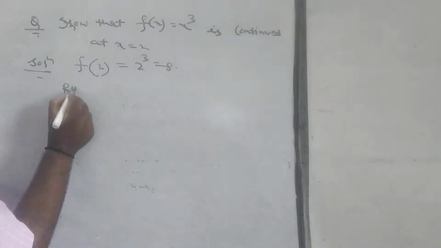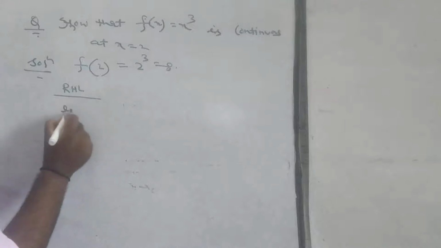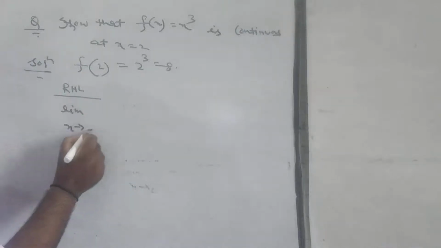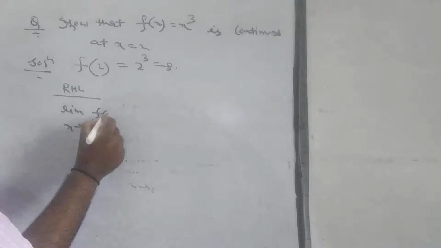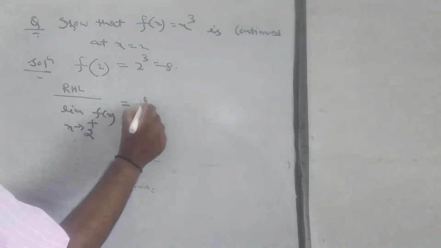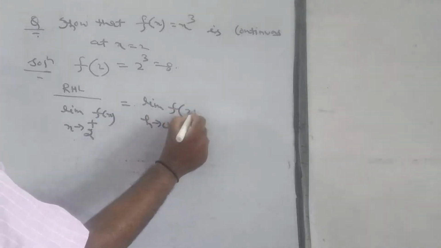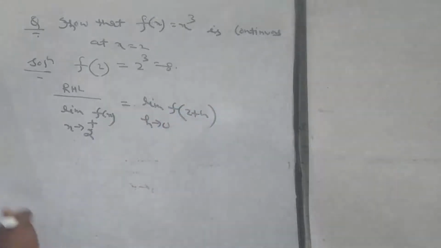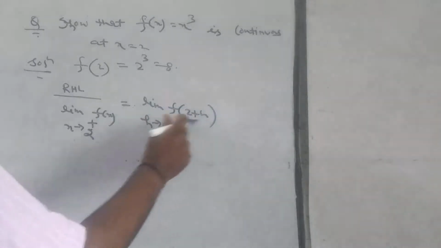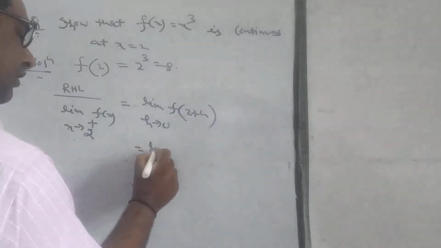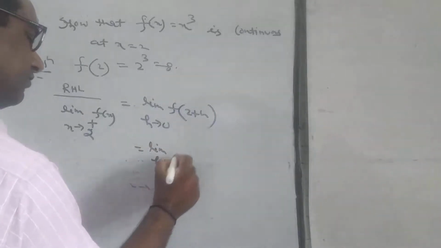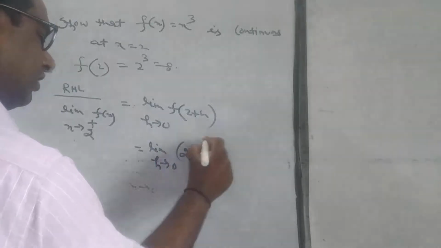Now come to the right hand limit. So limit x tends to 2 plus f(x) is equal to limit h tends to 0 of f(2 plus h). Now x is replaced by 2 plus h. Now limit h tends to 0 of (2 plus h) whole cube.